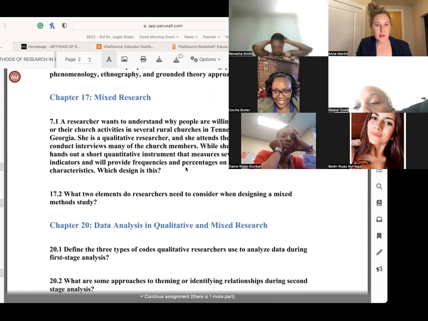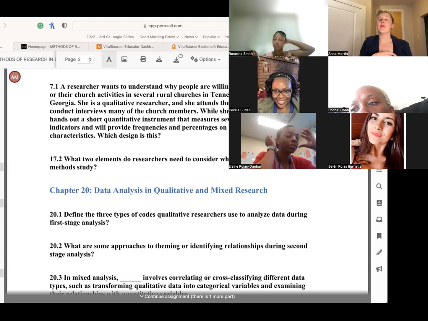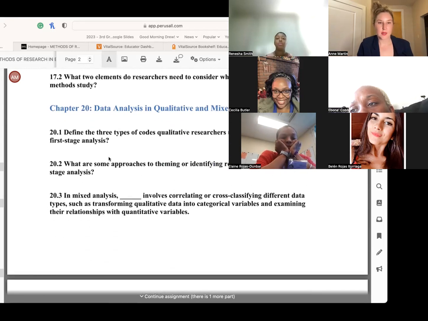This was the snake handling one. We did that. So the two elements that if you're doing mixed methods, you need to think about: is it equal status or is it mostly qualitative or quantitative? And then the different types, is it going to be concurrent, collected around the same time, or sequential? The three different types of codes: a priori, inductive, in vivo.